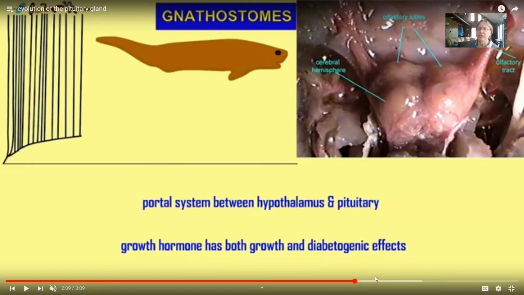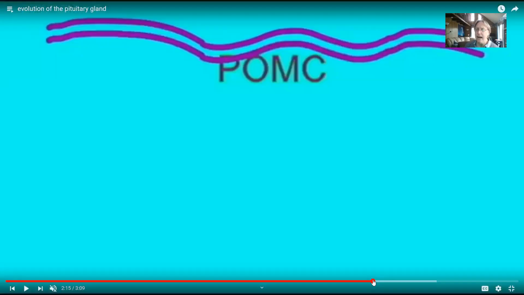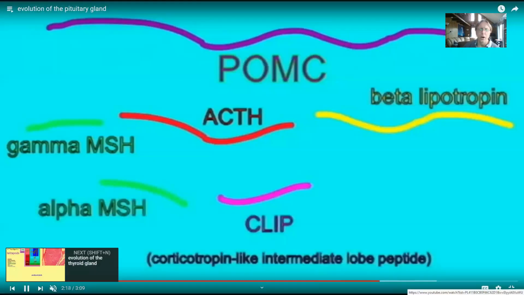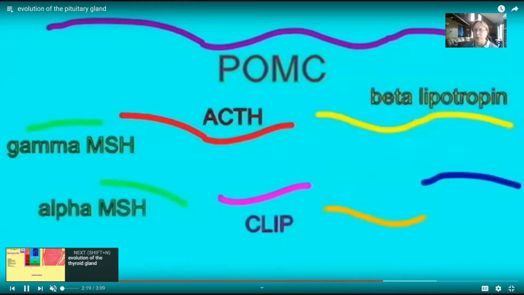So now the hypothalamus can put hormones into the bloodstream, which goes straight to the pituitary. Jawed vertebrates share a POMC gene, which is interesting because it makes a peptide that then gets cut into lots of pieces, and each of these then is a separate hormone.